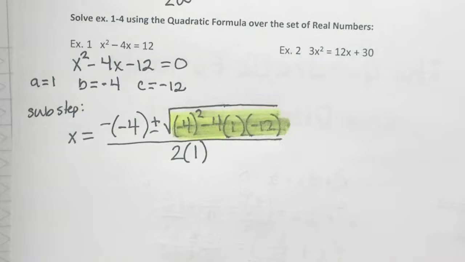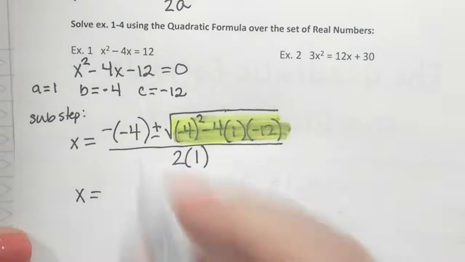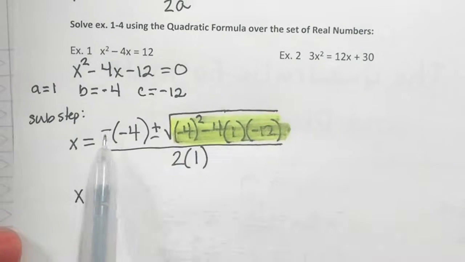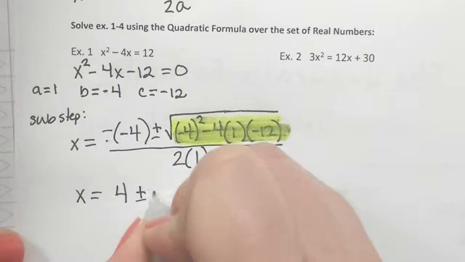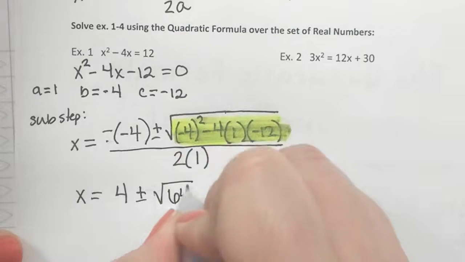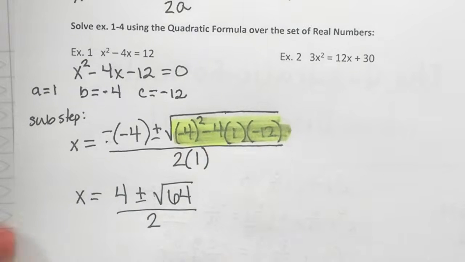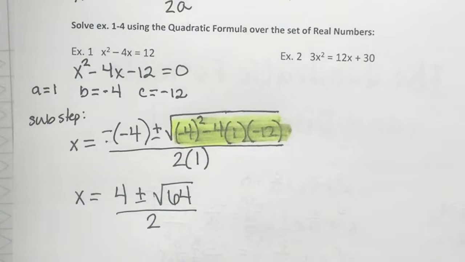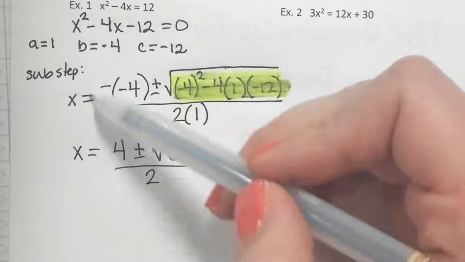All right, cool. So down here, x equals, now I can simplify this a little bit. Negative negative 4 is just 4, plus or minus the square root of 64 all over 2. Okay? Notice I'm keeping x equals. You got to keep that going.